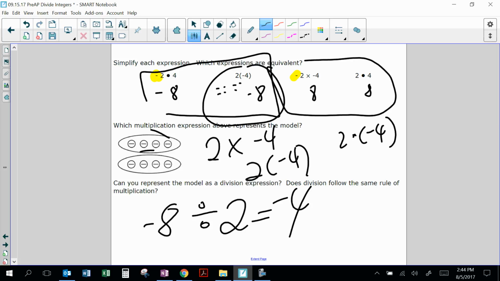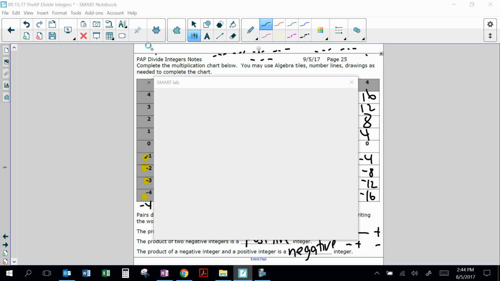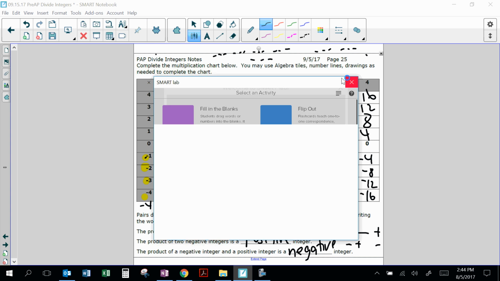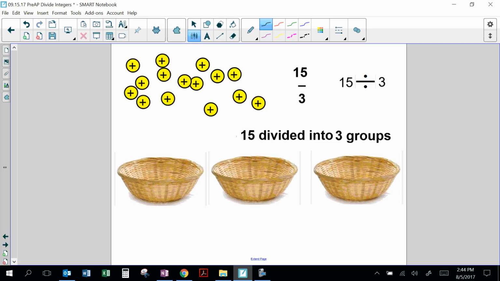Let's see, does division follow the same rule of multiplication? Well, if I look at this chart, negative 8 is here. That's 2 and a negative 4. And yes, it is, because you learn in elementary school something called fact families.